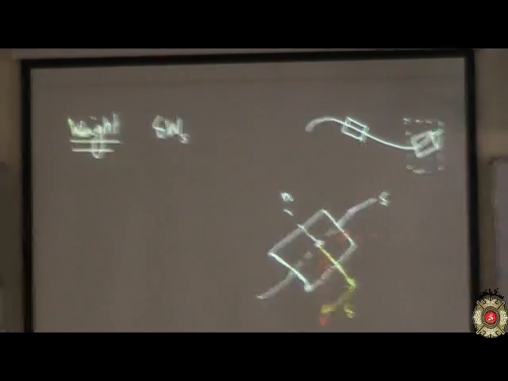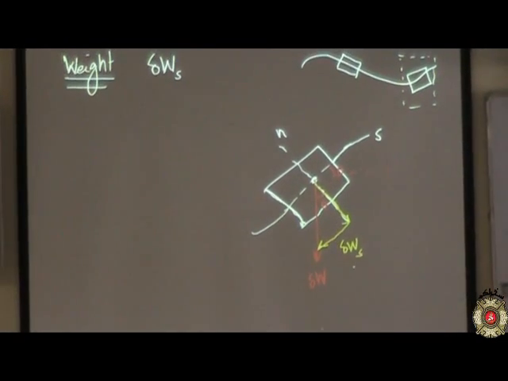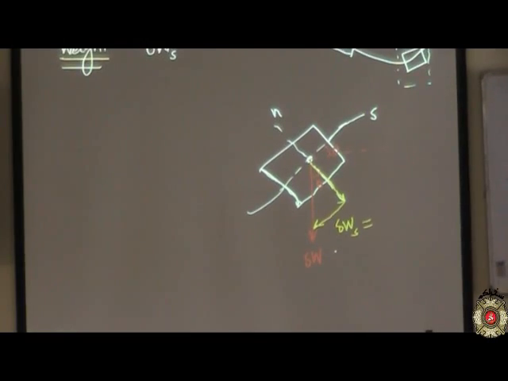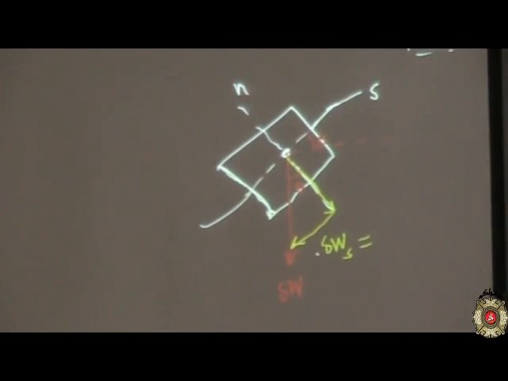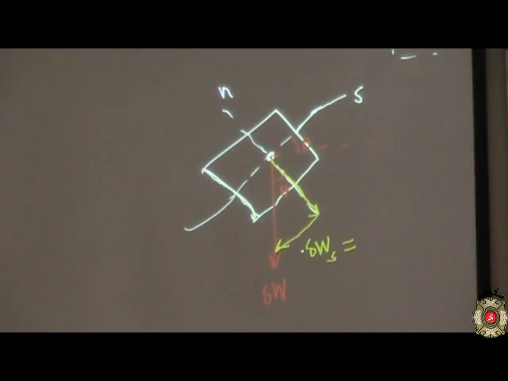So this one is in the streamline direction. And what is this? What is weight basically? W is mass times gravity, right? What is M? Rho, let's say, delta V, g. And what is g times rho?